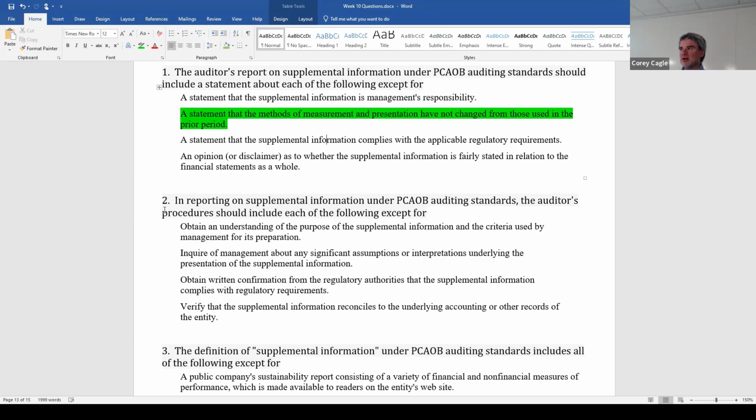Sort of like, well, that's too much. Written confirmation from the regulatory authorities that the supplemental information complies with regulatory requirements. That's too much. All right. We don't need to go overboard on this. So that's the answer. D says verify it reconciles with the underlying accounting records. So it's a very good question there.